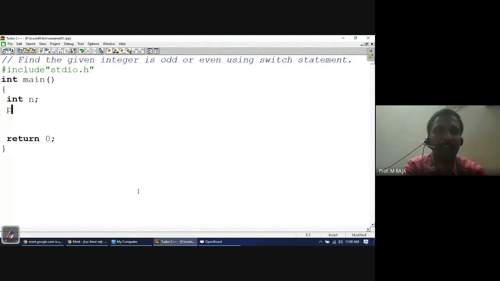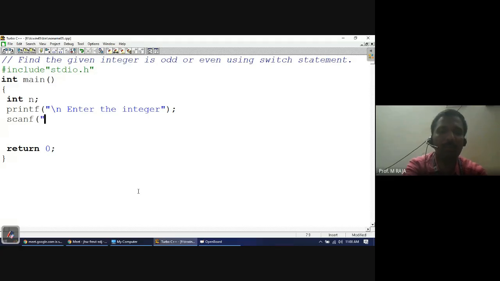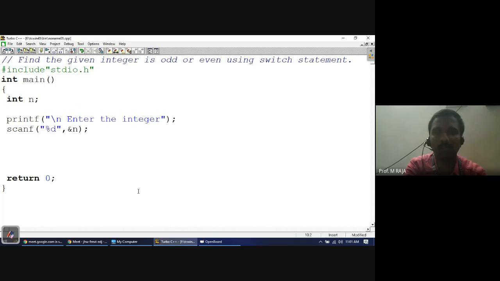We can get the value of n through the keyboard, so I am writing printf, "enter the integer", then a scanf statement, scanf("%d", &n). So the input is obtained into the variable n.